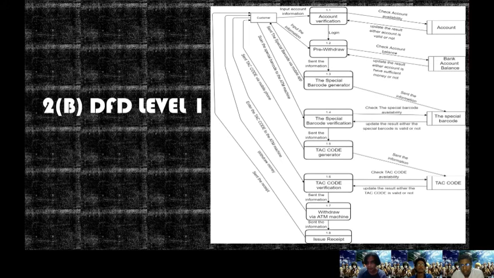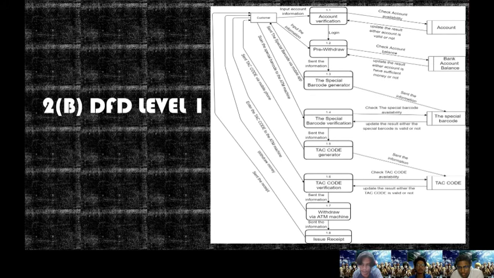And then after it's valid and has sufficient money, the app will gain the special barcode from the database. With this special barcode, the user needs to bring it to the nearest ATM to scan at the ATM scanner, which allows the scanner to verify the pre-withdrawing barcode.